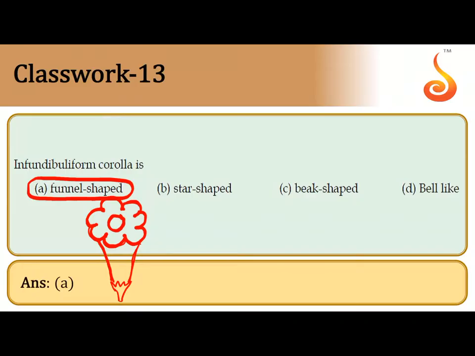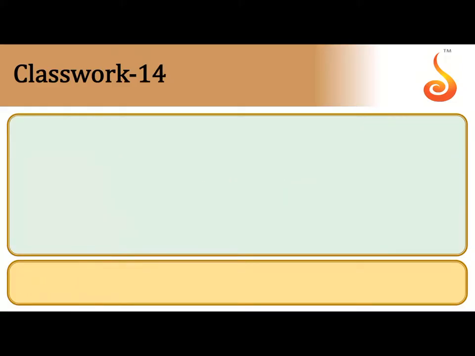If it is bell-like, for example a fused corolla with a bell-like structure, then we call it campanulate type of corolla, but here the answer is infundibulate or funnel shaped.